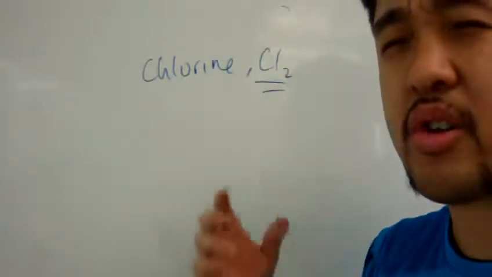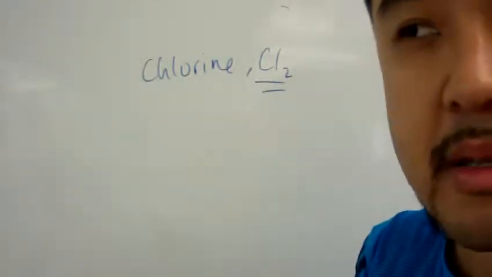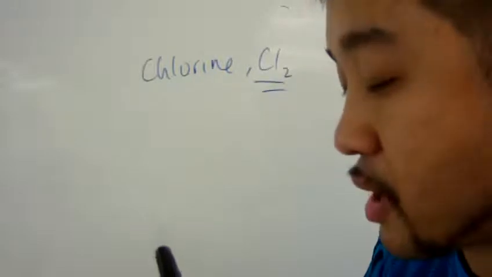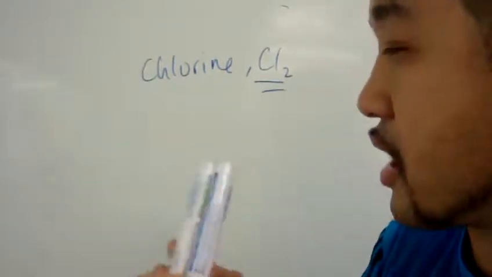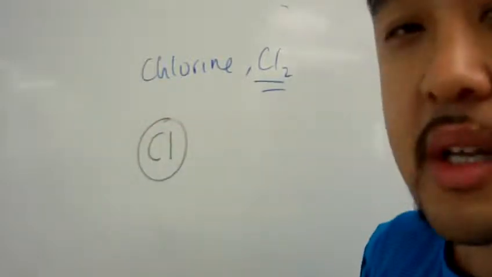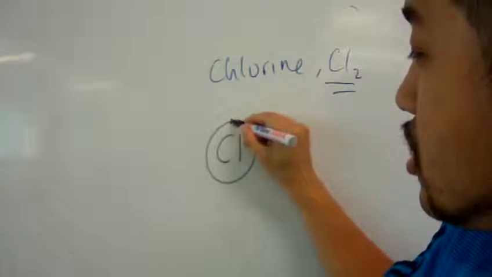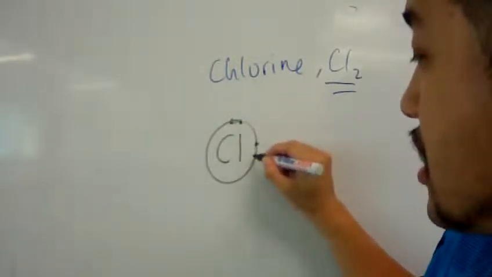Now, how are you going to represent Cl2 as a diagram? Well, first, like I said, you have to draw the valence electron diagram, and you're going to include its valence electrons.